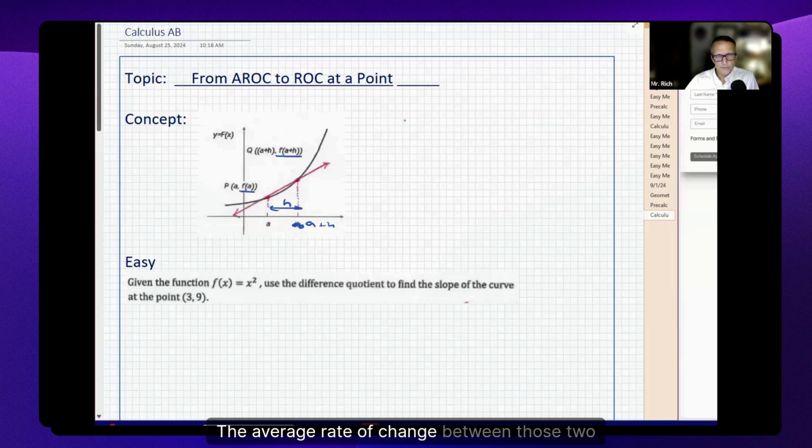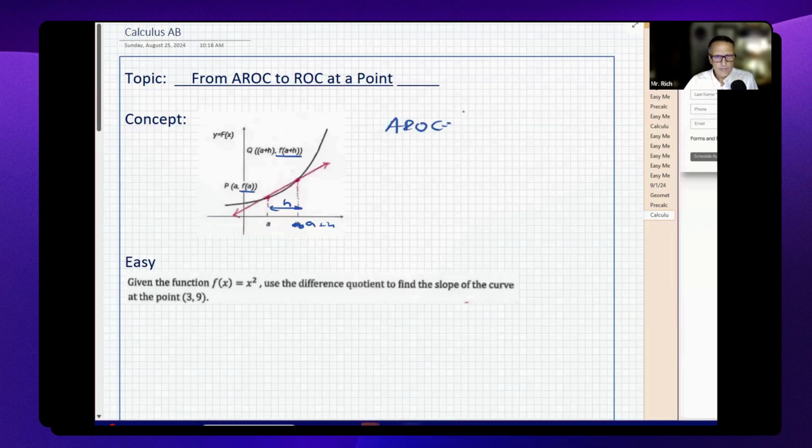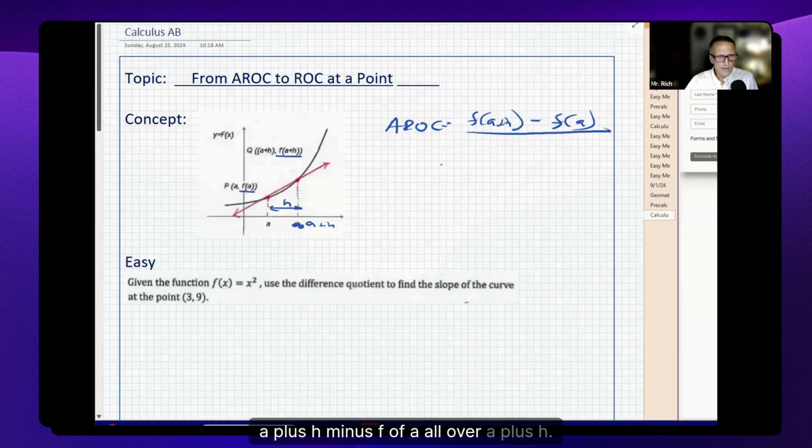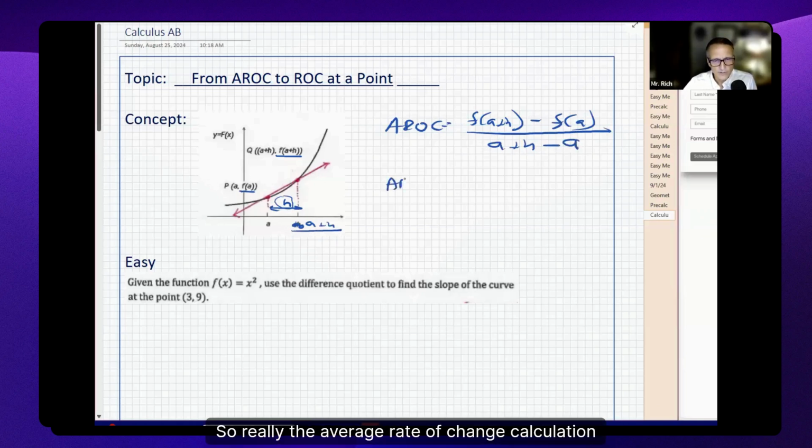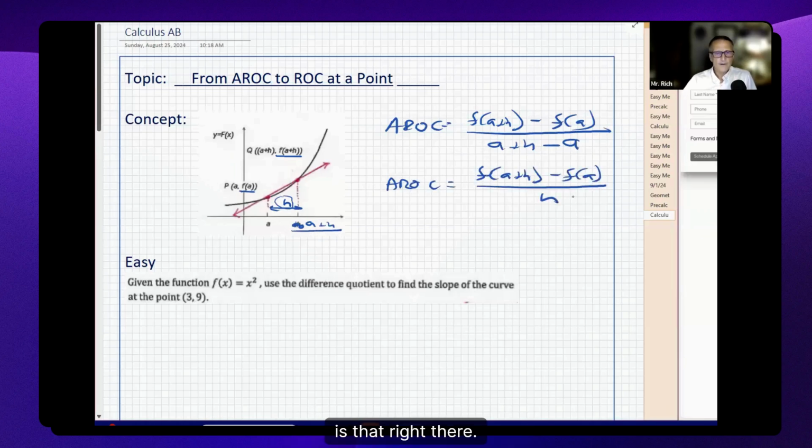The average rate of change between those 2 points would be f of a plus h minus f of a all over a plus h minus a, but a plus h minus a is just h. So really the average rate of change calculation here, according to this picture, is that right there.